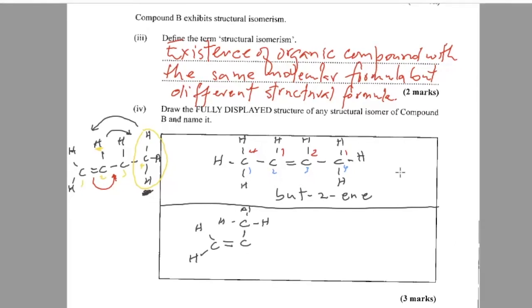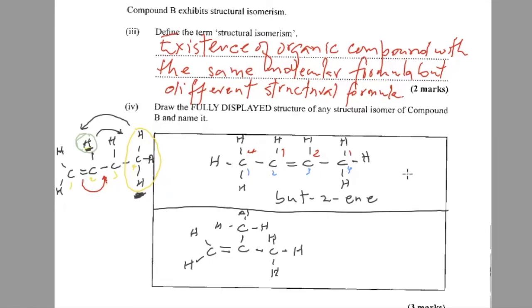And our original carbon would have had hydrogen right here, and then this hydrogen that we're moving, let's use green so we can see what's happening. The hydrogen here, we're going to put it now at the end. And that's a different arrangement. So we have the same molecular formula C4H8, but the atoms are arranged differently.